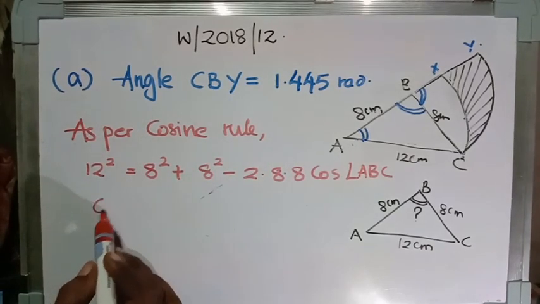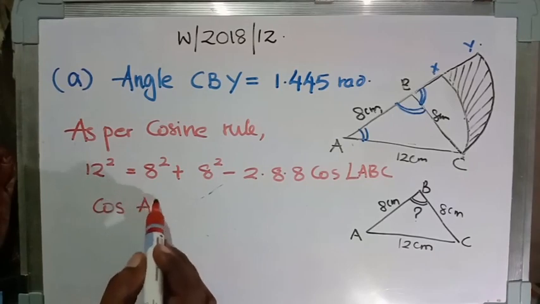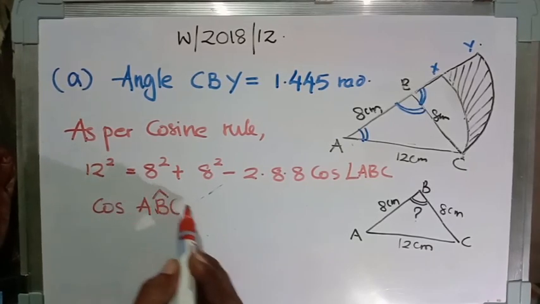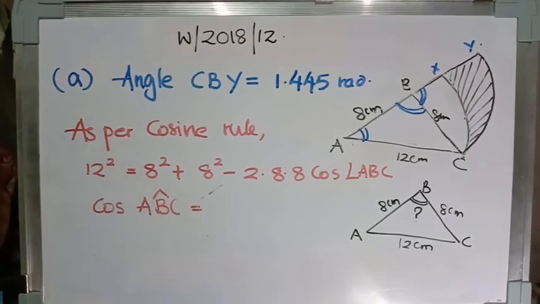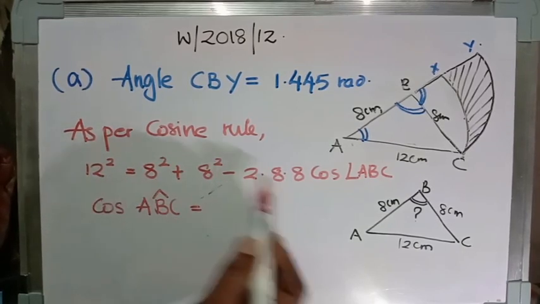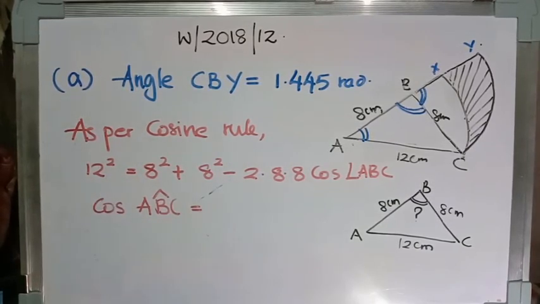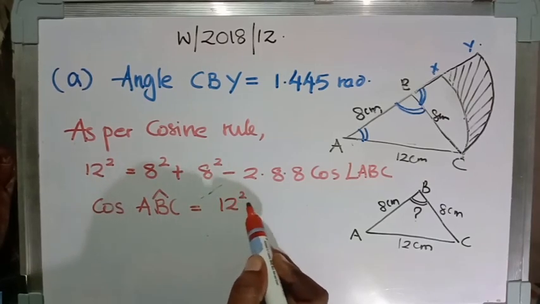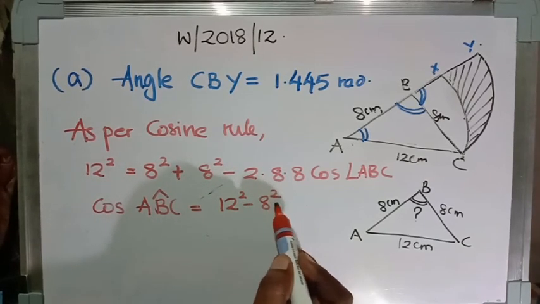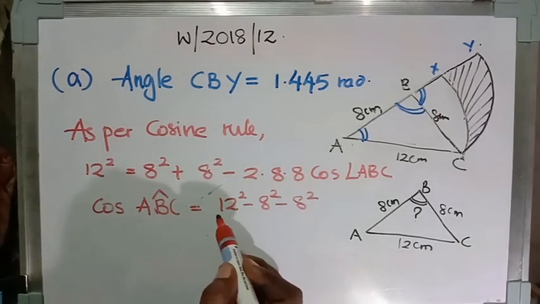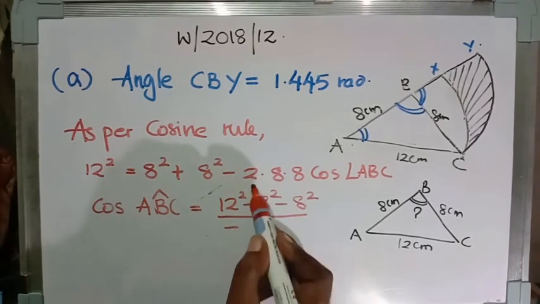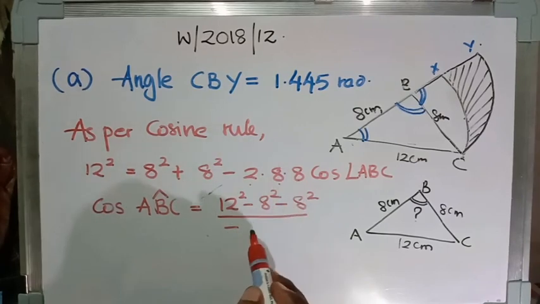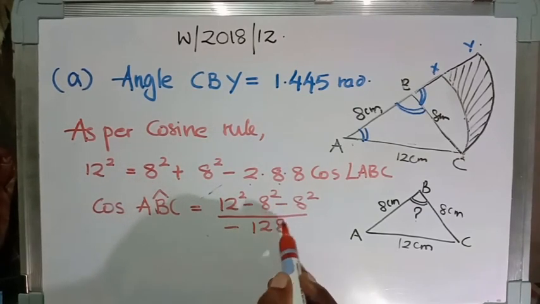Cos angle ABC can be found by transposing all the other terms to the other side. We get 12 squared minus 8 squared minus 8 squared all divided by minus 2 times 8 times 8, which is minus 128.